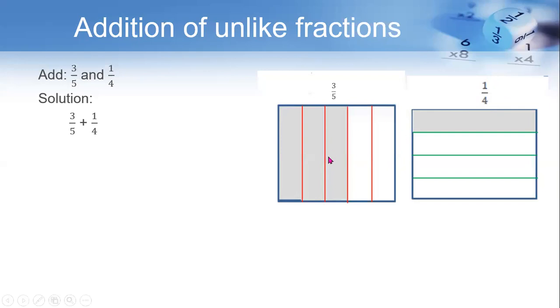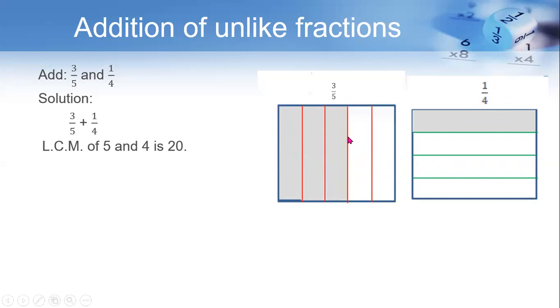Now the concept is, look, our LCM of 5 and 4 is 20. That means we have to make 20 pieces for both of the figures. The pieces of the figures are not equal: the first figure is divided into 5 parts, the second into 4 parts. Since their LCM is 20, we have to divide both figures into 20 equal parts. How can we divide the first figure into 20 parts? It is sliced vertically.